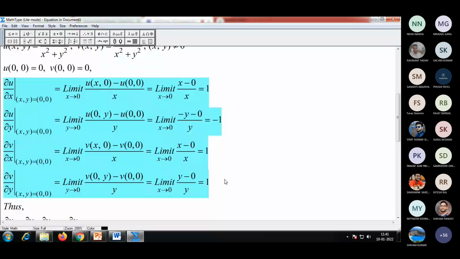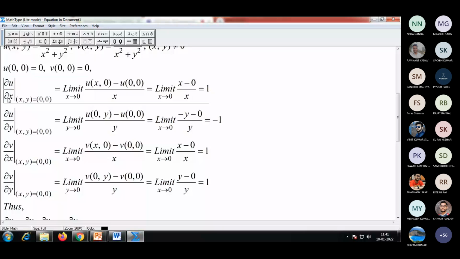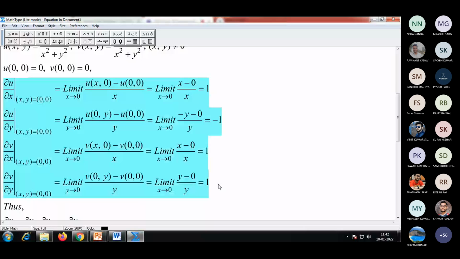Simply we can say that the function is not analytic, because if the function is analytic, then CR equation must be satisfied. So in most cases we first evaluate the CR equation. If CR equation is not satisfied, then immediately we say that the function is not analytic.